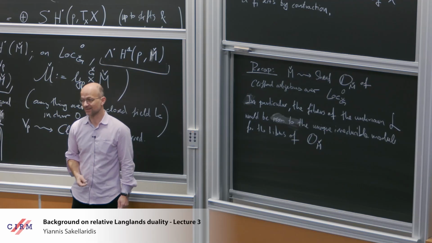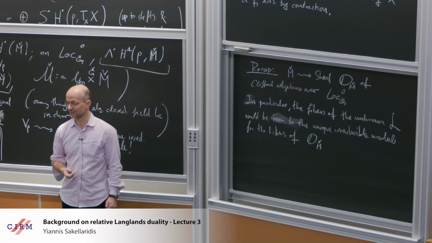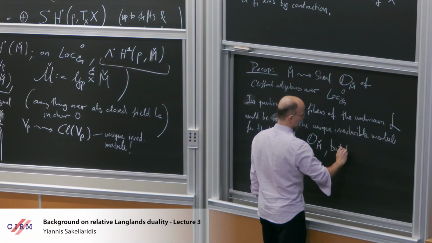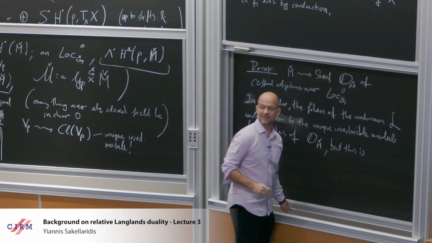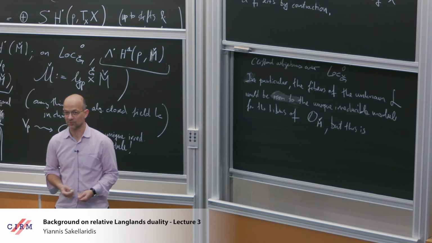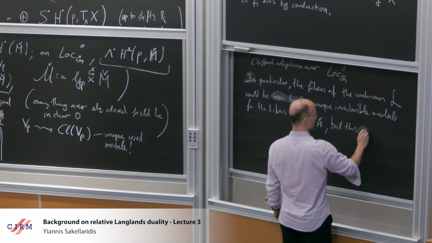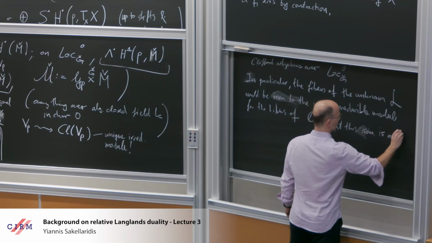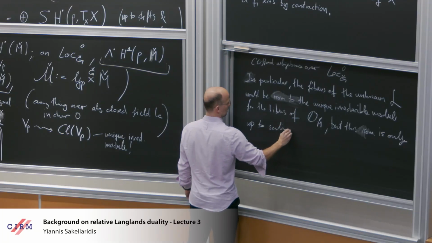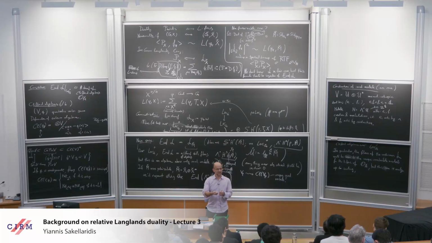But just describing the fibers doesn't describe a sheaf. And this is a very important restriction. So this is close to useless if you want to, for example, draw arithmetic conclusions. This isomorphism is only up to scaling, and therefore it doesn't tell you anything about how Frobenius acts.